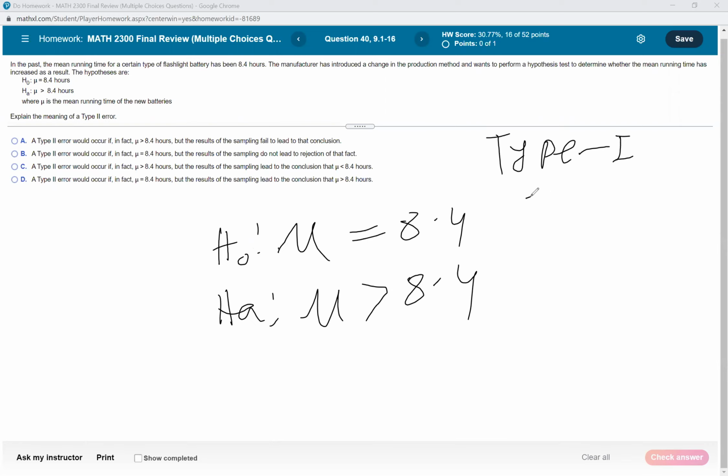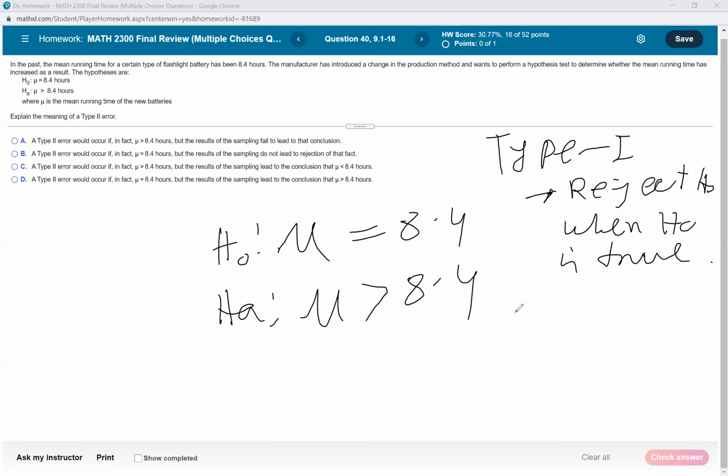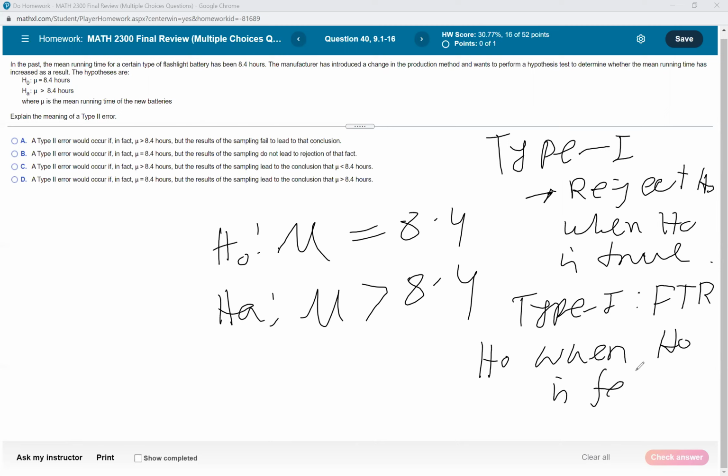Type 1 is reject H0 when null is true. And type 2 is fail to reject null when H0 is false.